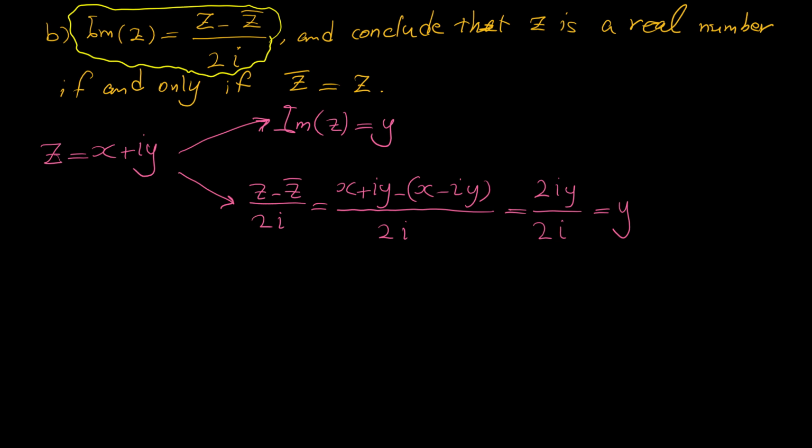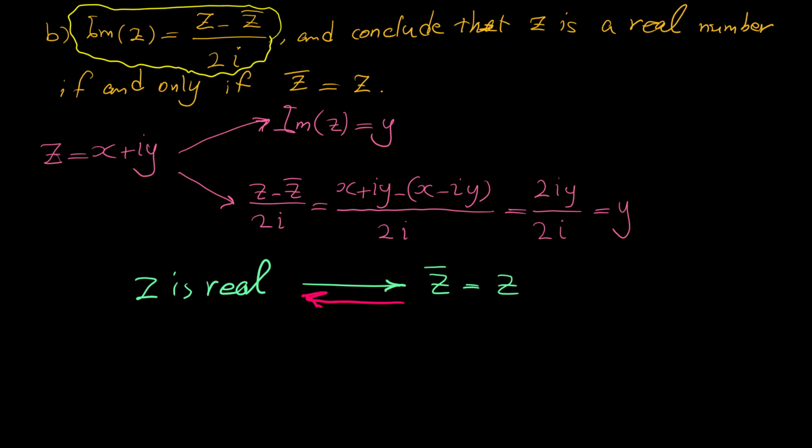So this is the statement that we want to prove. If z is real, then z conjugate is equal to z. And also we want to prove the opposite of this: if z conjugate is z, then z is real.